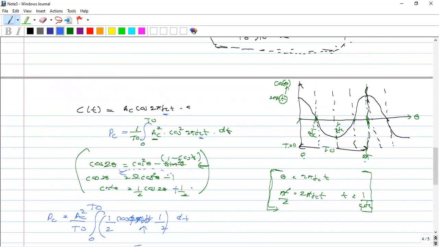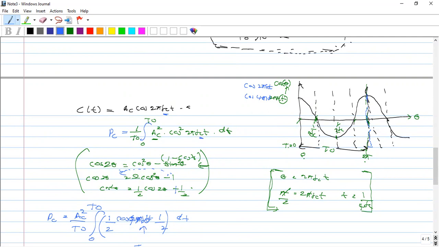So if this is the cos 2π fc t signal, and we draw the cos 4π fc t signal, what is there? Within this circle, 2 circles should be there. Here it has 1 circle. The frequency double means in this area 2 circles should be there.